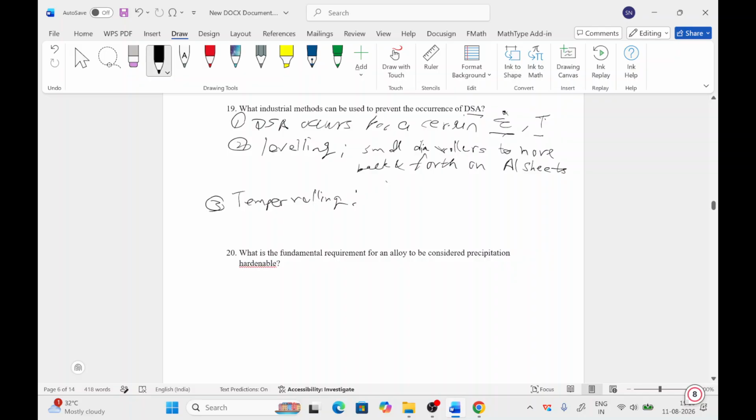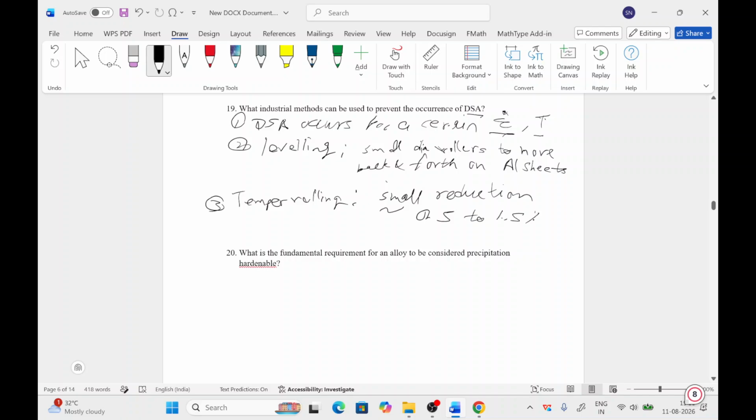In temper rolling, a small reduction is given to the aluminum component, a small reduction in the cross section, around 0.5 to 1.5%.